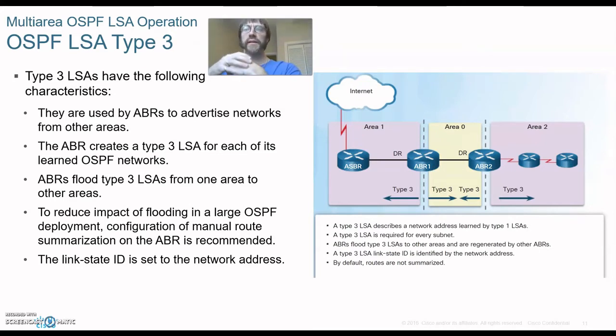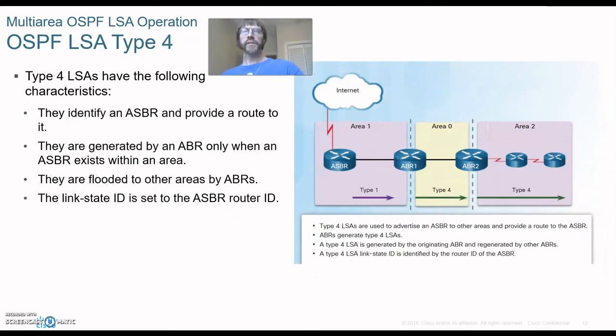Your link state ID is going to be the network address instead of the router ID. They can also be regenerated. If a type 3 packet gets all the way across a backbone area to another ABR, it can be regenerated there. These routes are not summarized, but they do serve to advertise networks from other areas. So there's that difference between a type 3 and a type 4.